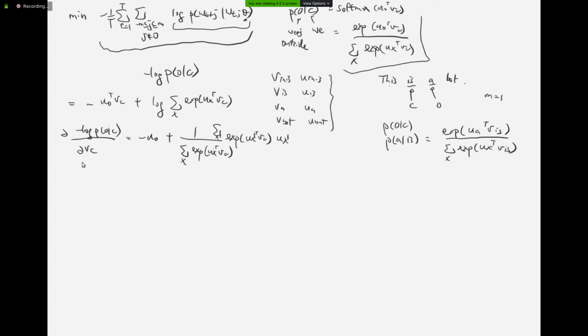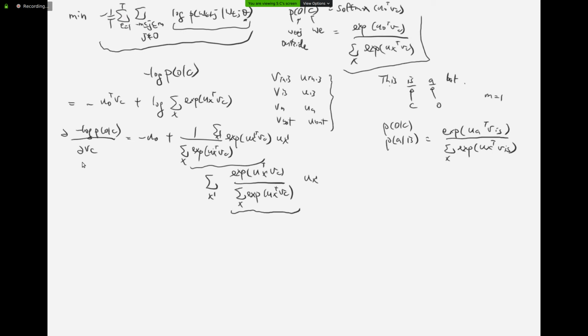What's interesting for this one is I can rewrite this as the summation over x_i. Basically, I pull this x_i inside, and I have this product get inside of that. So I have exponential u_xi transpose vc over the summation over x of exponential ux transpose vc, times u_xi here.